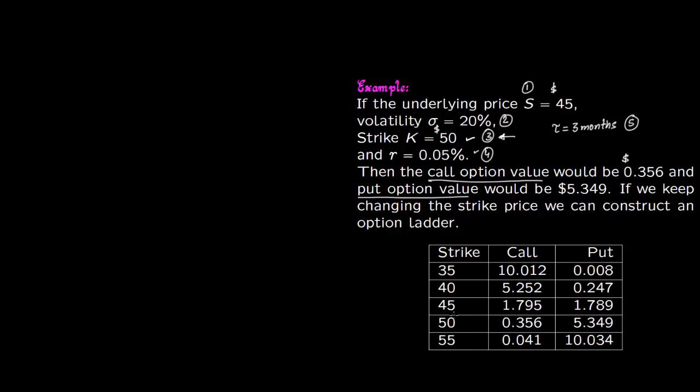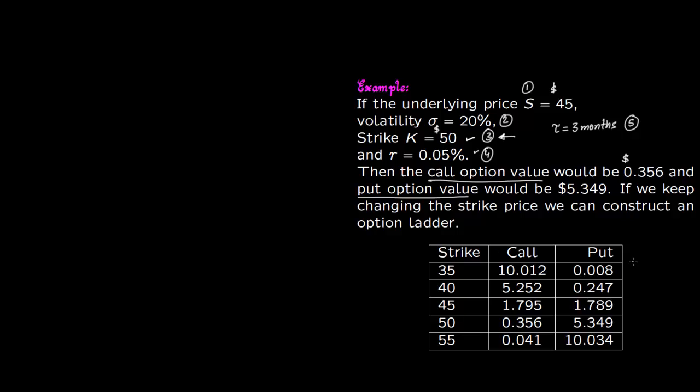You can continue changing the strike and you will get different prices for call and put. This can be done with the help of a large number of software packages. This is just a black box for finding the prices of call and put. If you have a strangle or a straddle, you find the price of the individual call and individual put that are part of the straddle or strangle, and then sum them up to get the total money you have to spend to get that position.